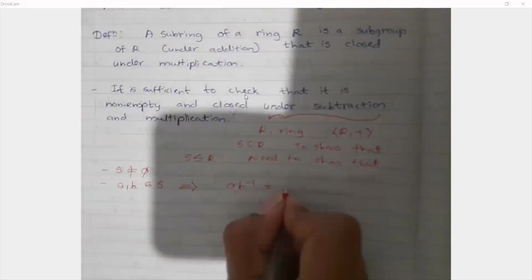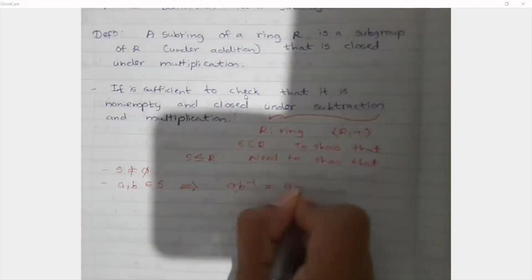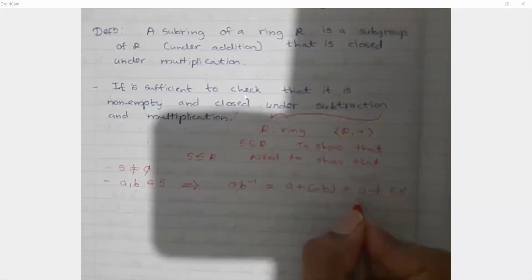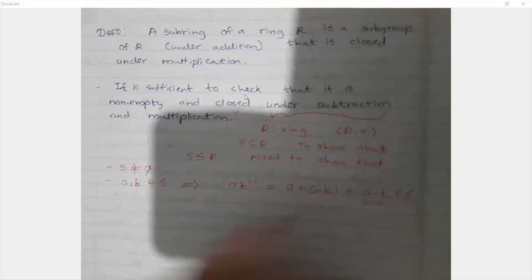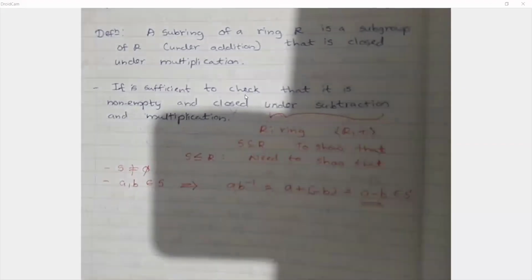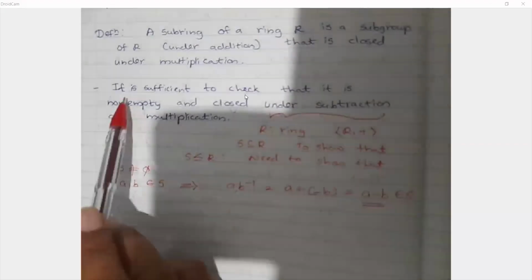So what we are actually looking at is A plus the inverse of B, which is simply negative B. In other words, simply put, A minus B belongs in S. This is what we refer to as subtraction. So we have to check that it's not empty, closed under subtraction, and closed under multiplication. Checking that S is non-empty and closed under subtraction is essentially checking that S is a subgroup of R.